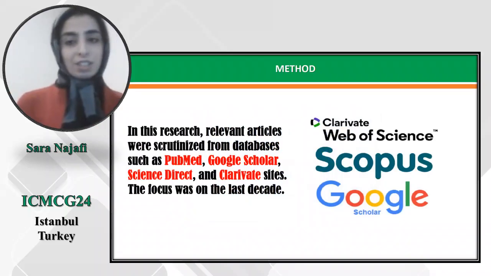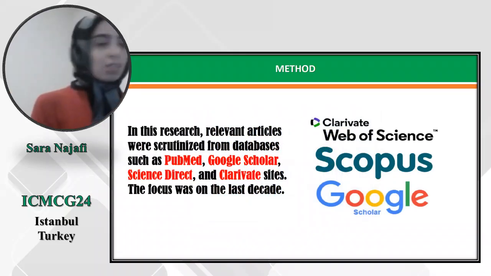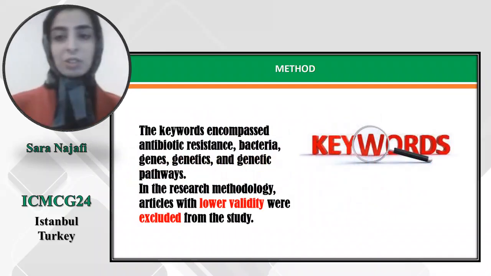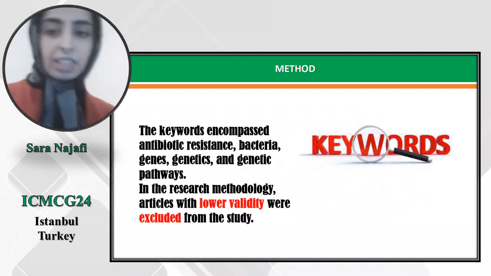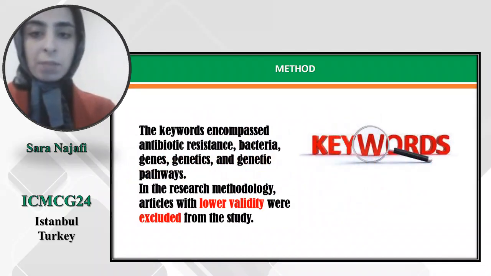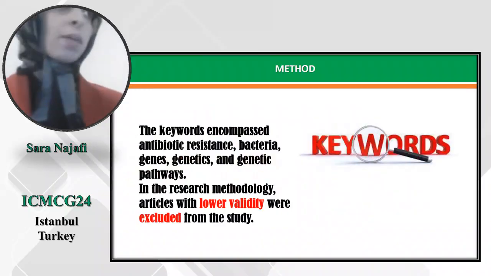In this research, we used sites such as Google Scholar and Web of Science. The keywords were related to antibiotic resistance and genetics, and our focus was on recent years, and lower validity sources were excluded from our study.